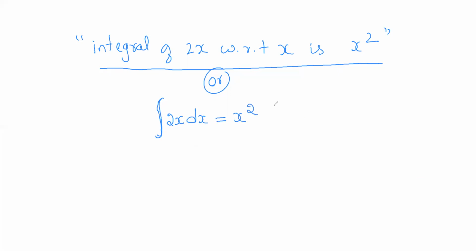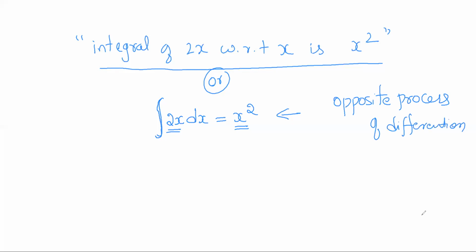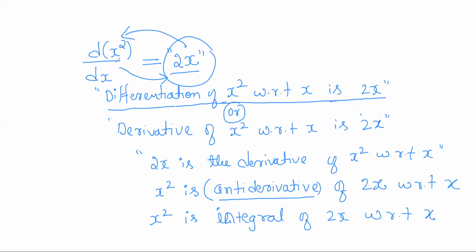Why did we write the integral of 2x with respect to x is x square? What is the relation between 2x and x square? Integral is actually the opposite process of differentiation. Since when I differentiate x square, I get 2x, we write differentiation of x square with respect to x is 2x.